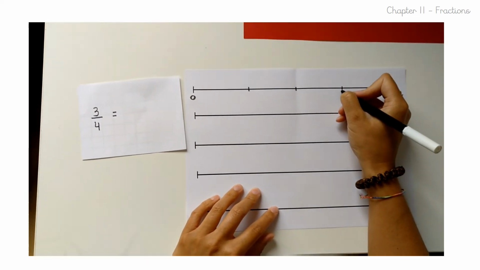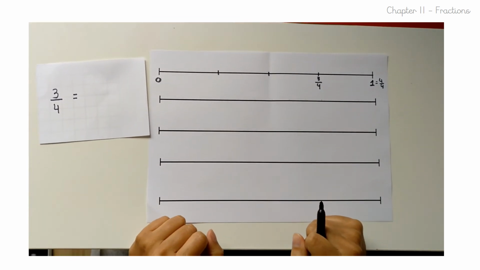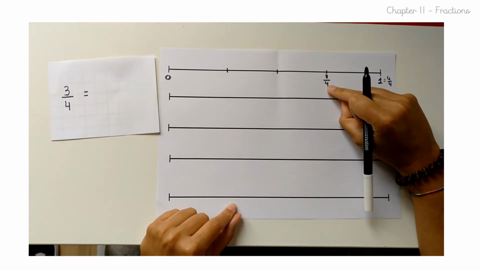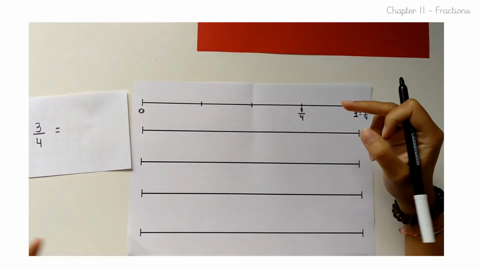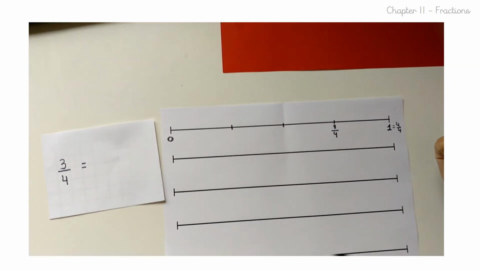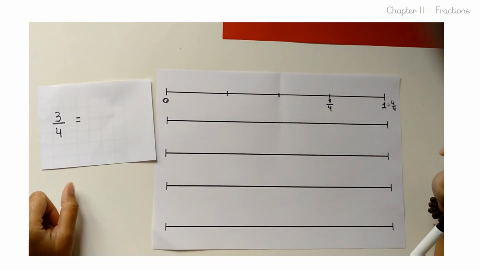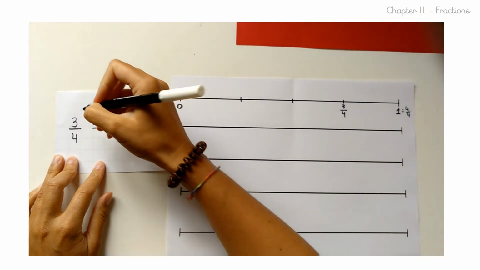So I'm going to write here that this is 3/4. Okay? Now, I need to find an equivalent fraction to 3/4. So I need to split my number line into how many different parts in order to find an equivalent fraction to 3/4? I'm going to use my timetables knowledge to do so.